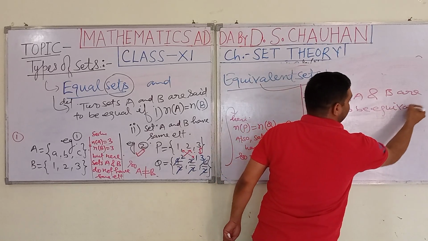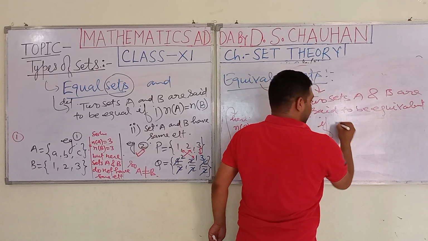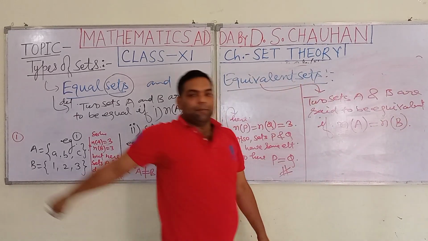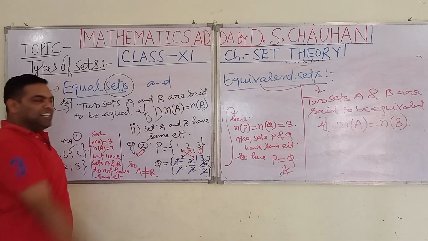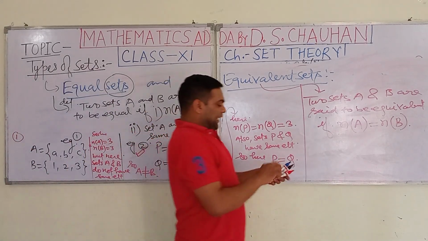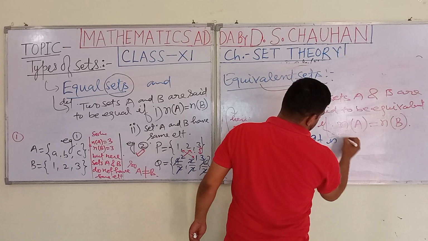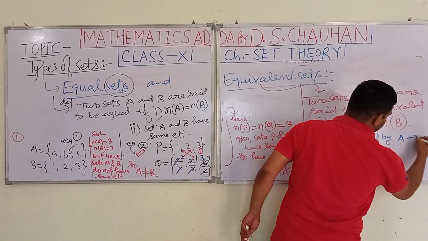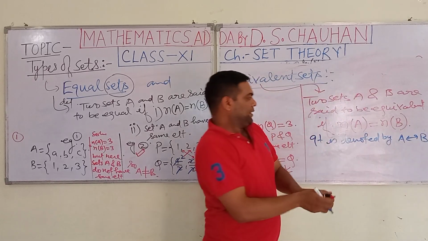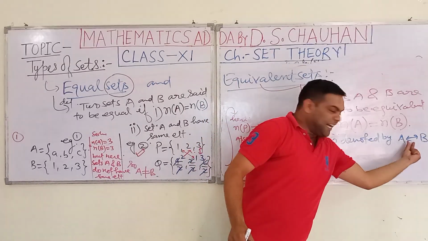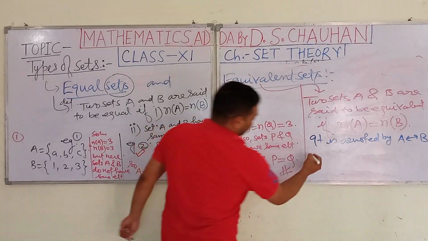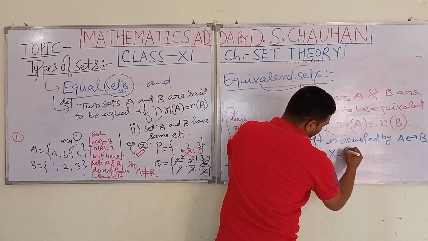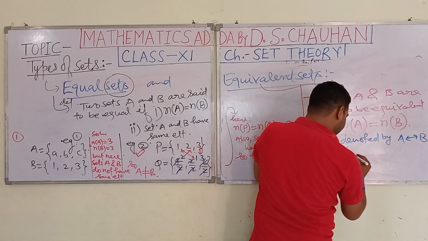Now students, I am going to make clear the topic of equivalent sets. Try to understand students. Two sets A and B are said to be equivalent if the number of elements in set A is the same as the number of elements in set B. This is only the simple definition of equivalent sets.